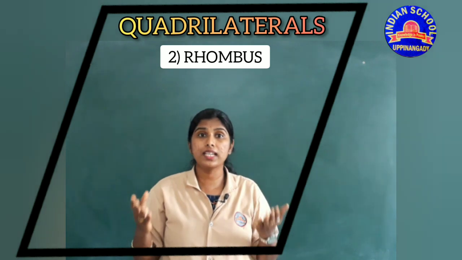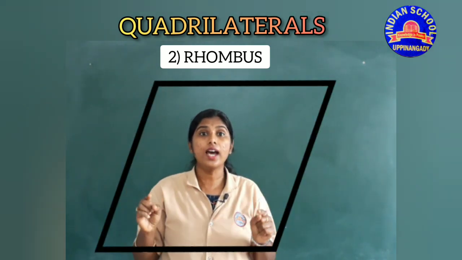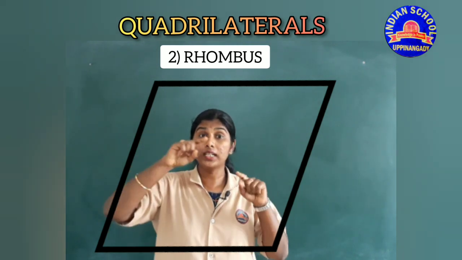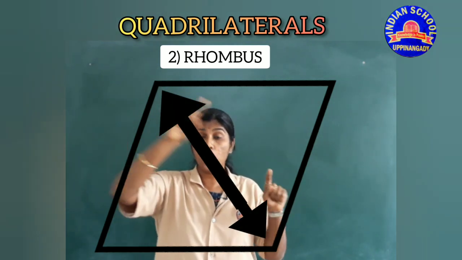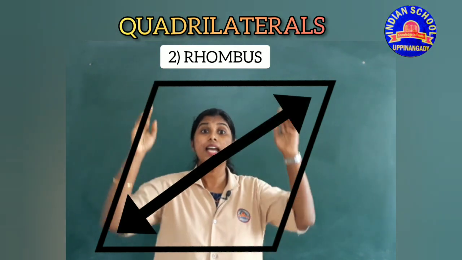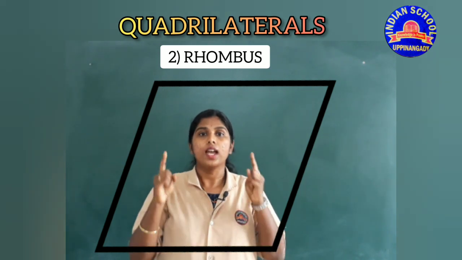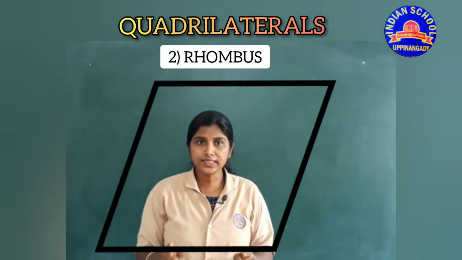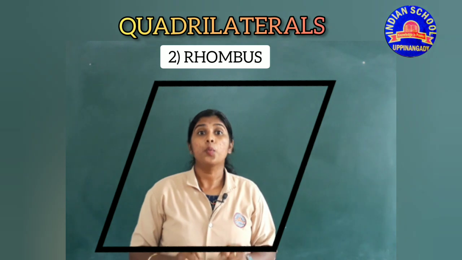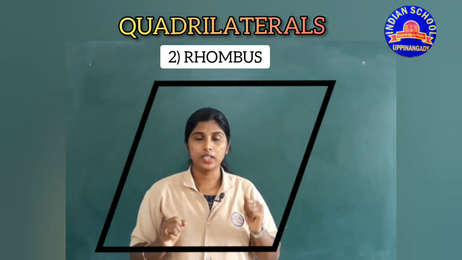And what about their angles? Angles are not equal. All the angles are not equal, only opposite angles are equal. So we can say in a rhombus all the sides are equal with opposite angles equal.